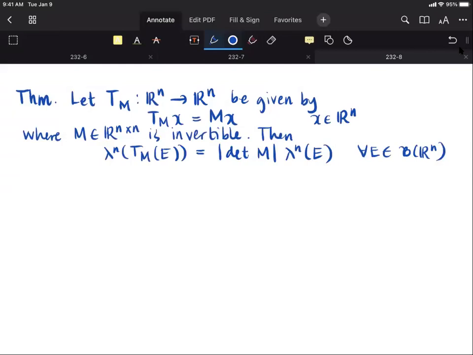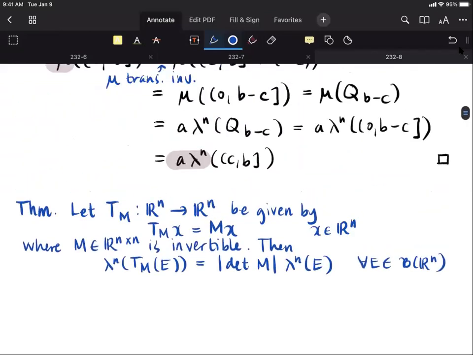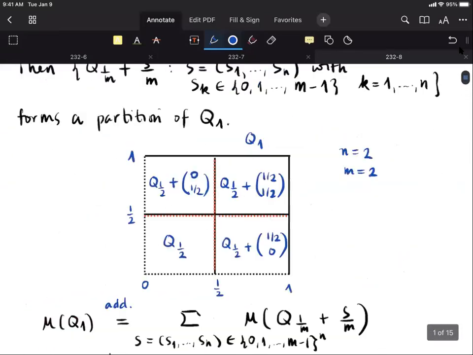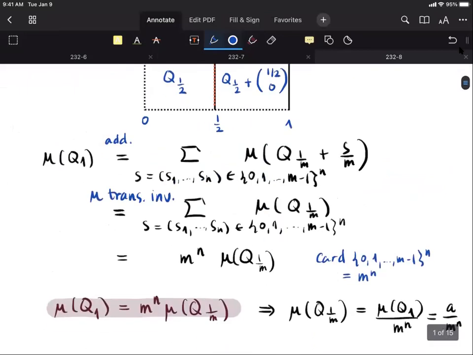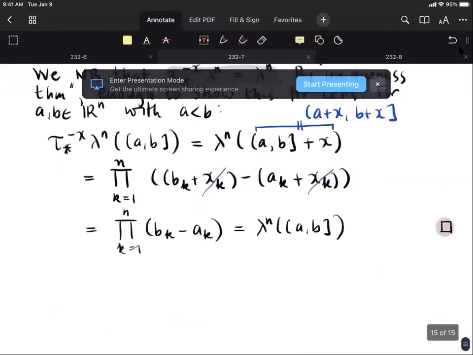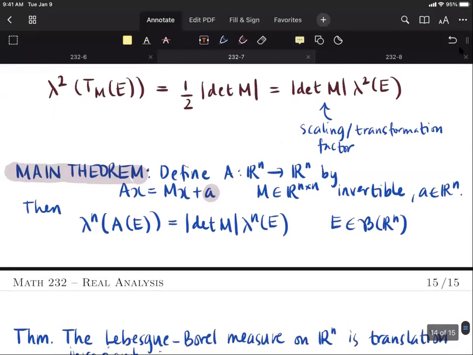And once we have established this, using the fact that the Lebesgue measure is translation invariant, then we end up with our main theorem here. So take note that this is the composition of what?